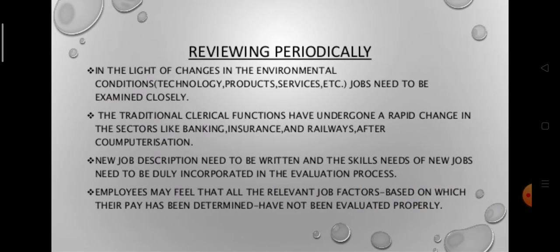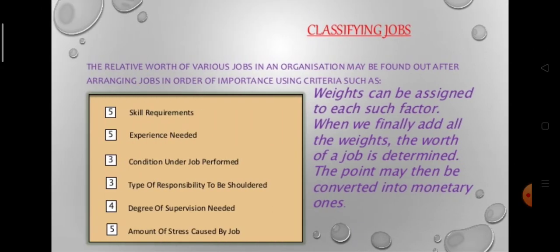And next, wage and salary surveys. These are for classifying jobs. We have to decide what wage to give for that particular job or particular salary. So next step is wage and salary surveys.